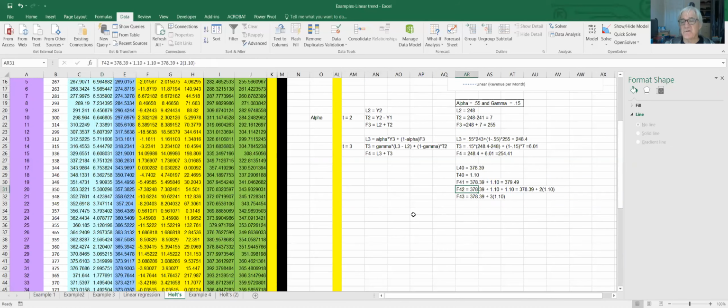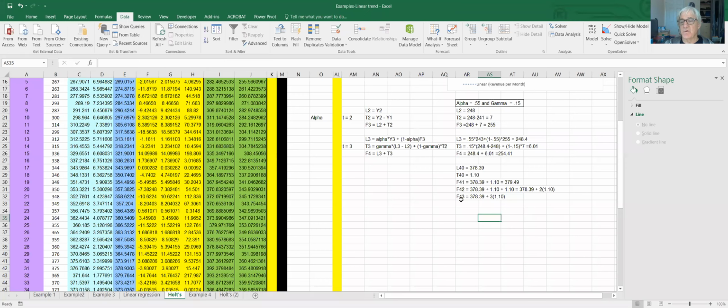For period 42, you take the level of period 40. If you add 1.1, you take yourself to the next period. But that's period 41. So you take another 1.1, and this takes you to period 42. 378 plus 2 times 1.1.